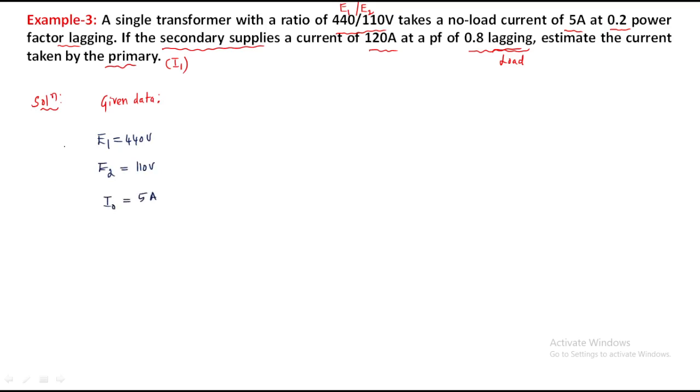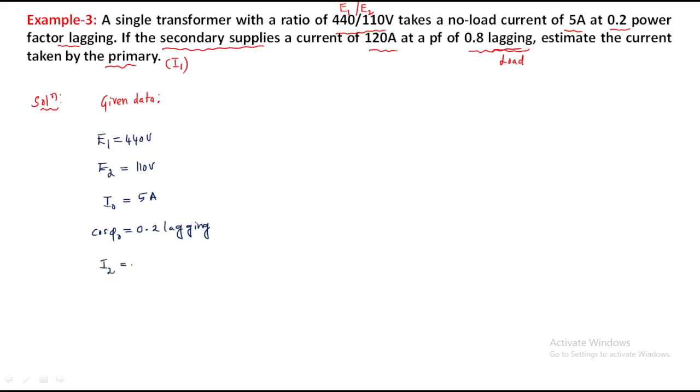You have to write the primary induced EMF E1, secondary induced EMF E2, no load current I0, like that in the exam. And the no load power factor cos phi naught equals 0.2 lagging.